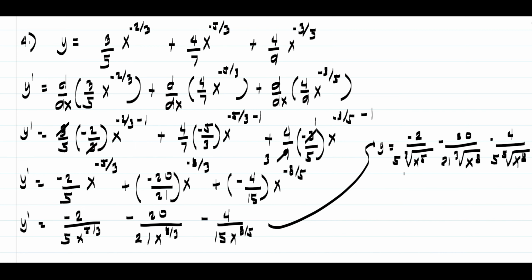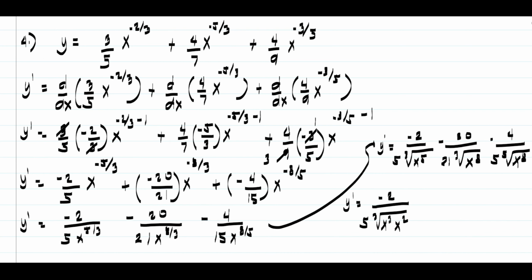And then, to simplify this one, we can write this one as y prime equals negative 2 over 5. Since our index is 3, we are going to get the perfect cube inside the radical sign, which is x cubed. So we can write as cube root of x cubed and then x squared, because 3 plus 2 will give us 5.